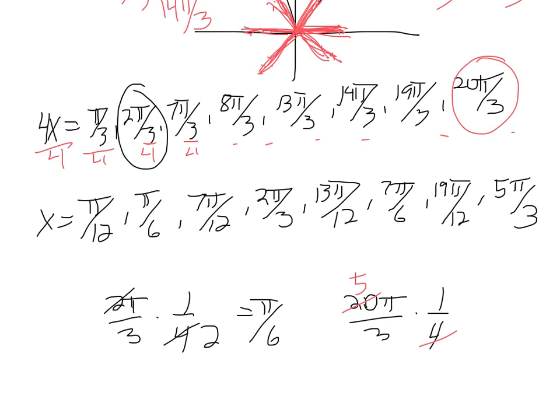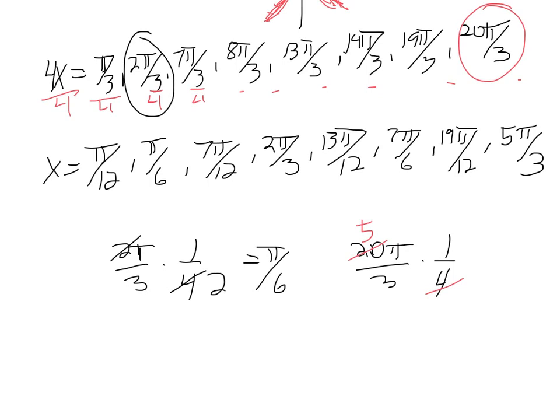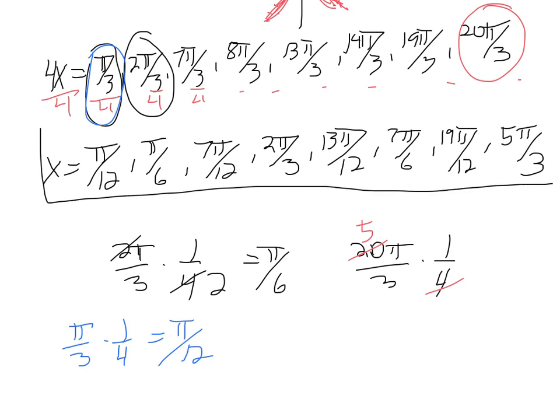So some of them reduce. Other ones, like the first one, that's pi thirds times 1/4, that's just pi twelfths. So dividing by 4 is nice when you don't have fractions, but when you do have fractions, multiplying by 1/4 makes it a lot easier. So we ended up with 8 solutions to this problem.